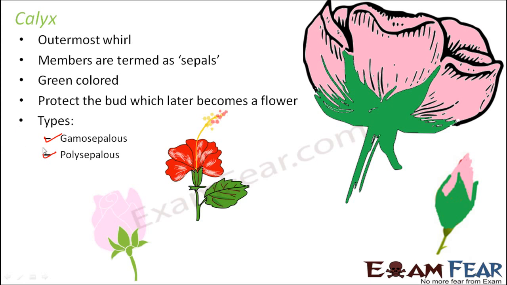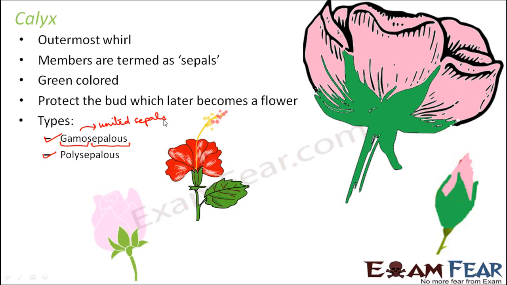Now gamosepalous is derived from two terms, gamo and sepalous. Sepalous obviously means sepals. And what does gamo mean? It means united sepals. So gamosepalous flowers are those which have sepals which are united.